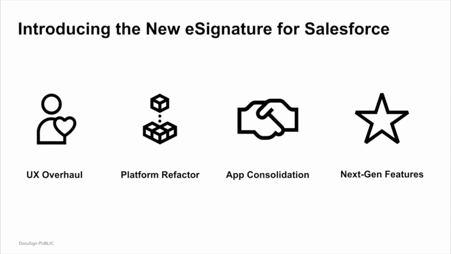And we're also looking not only at what's in the Agreement Cloud, but a lot of eSignature features that customers have been requesting that are available in large parts of our platform, but some of the smaller features, some of the important enterprise features are as of yet not available in Salesforce. So I can talk through what some of those are, but we see this new eSignature Salesforce application as a way to not only make a better experience, but also create this platform for the future.